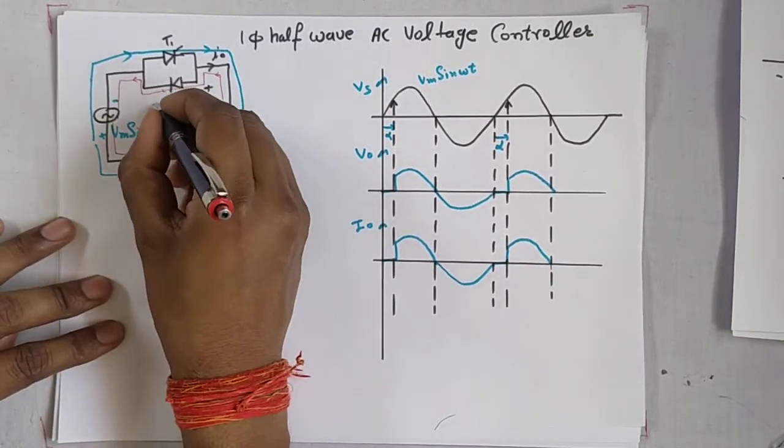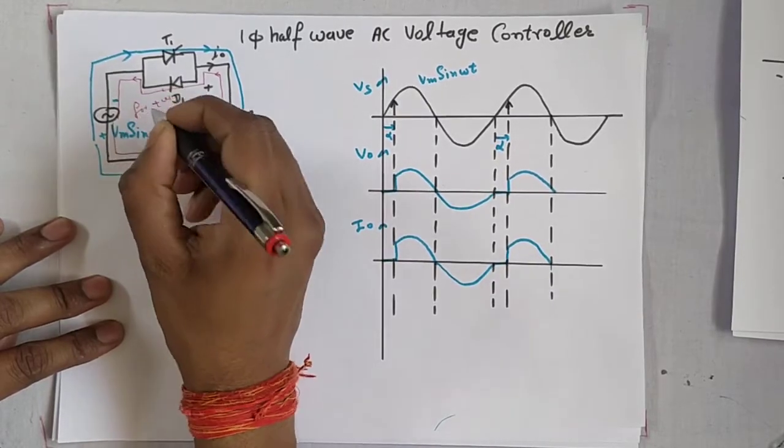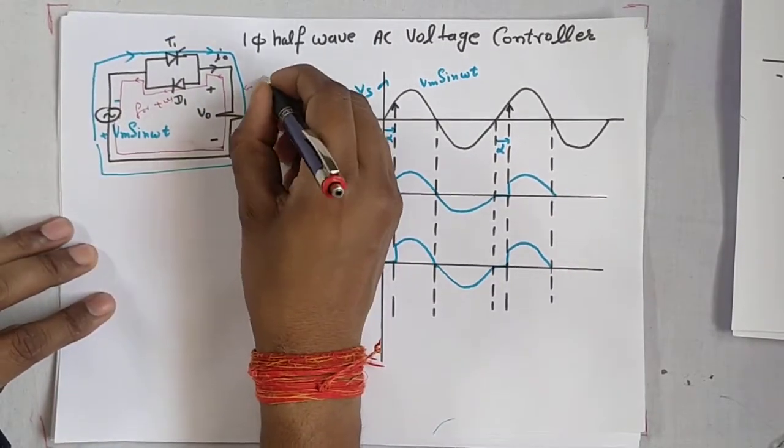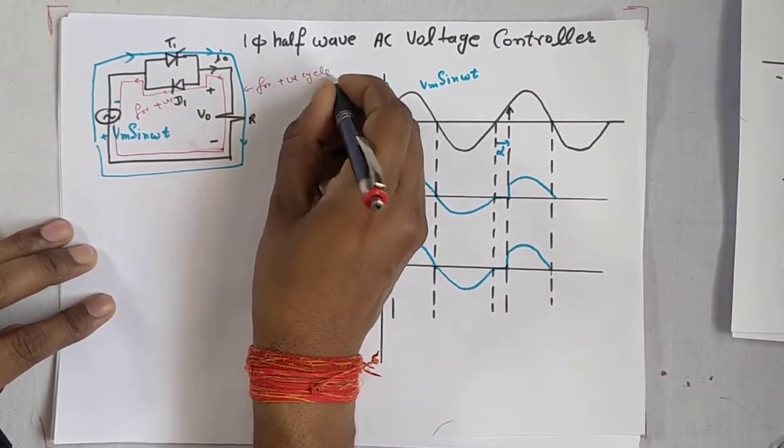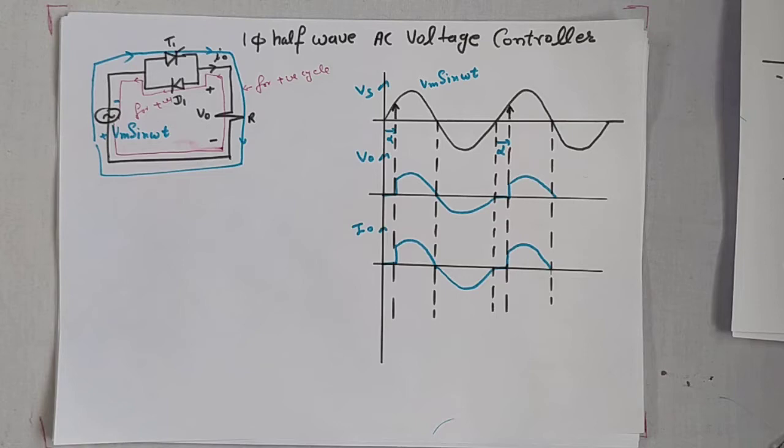So this is for the negative cycle and that one is for the positive cycle. And now write down the equation.